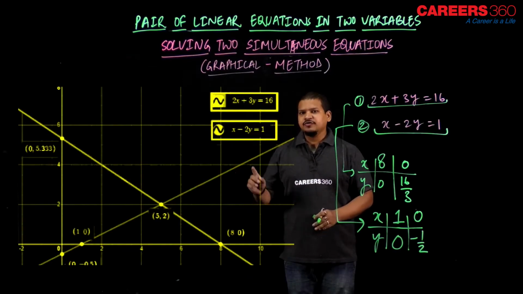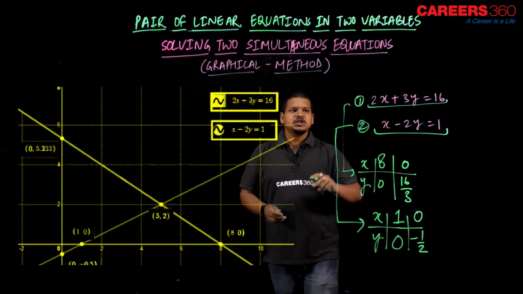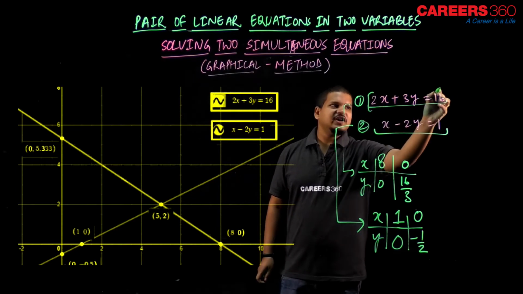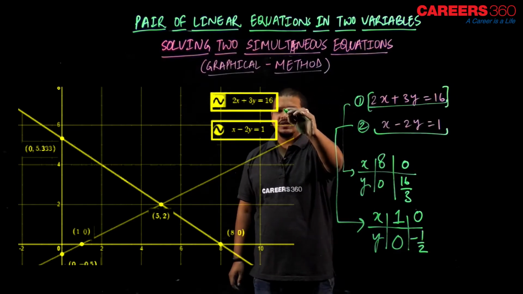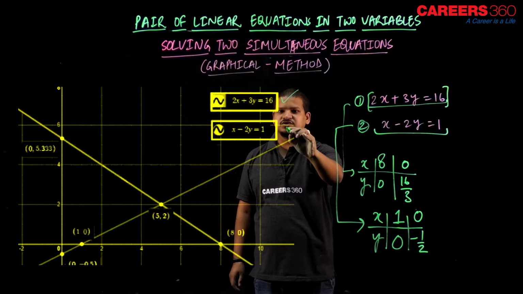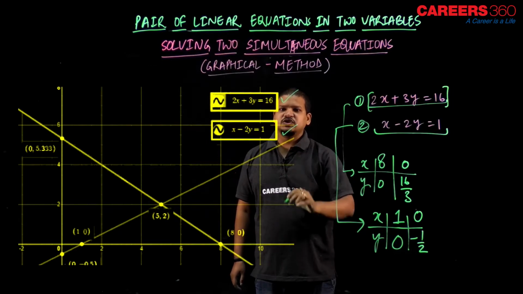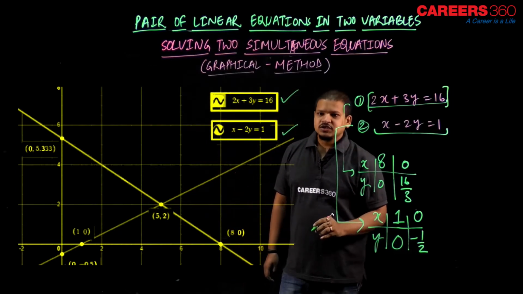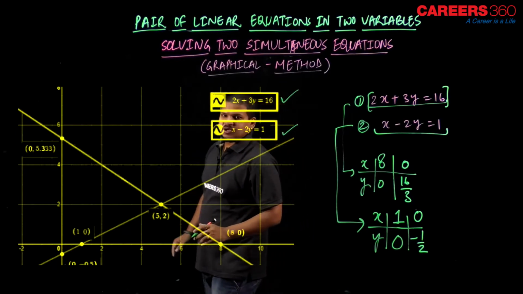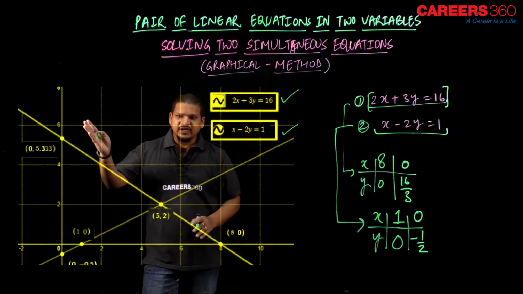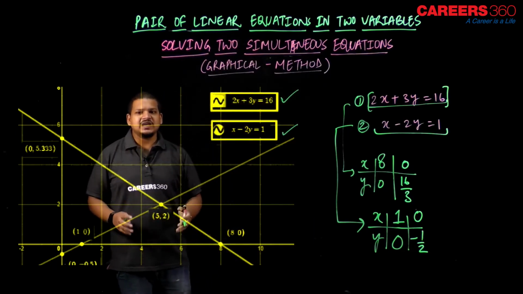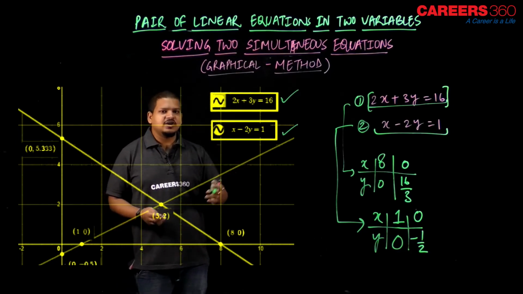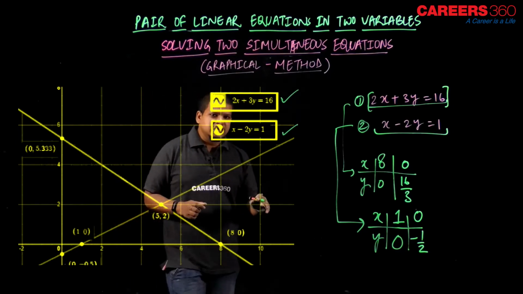This is the graph of the two equations, 2x plus 3y is equal to 16, and x minus 2y is equal to 1. So as you can see, now try to identify which of these lines is of which equation, right?